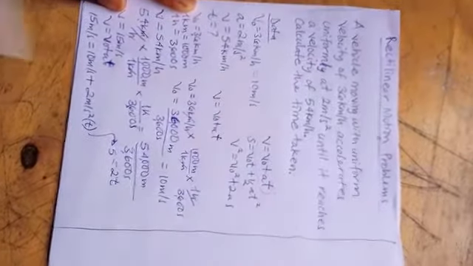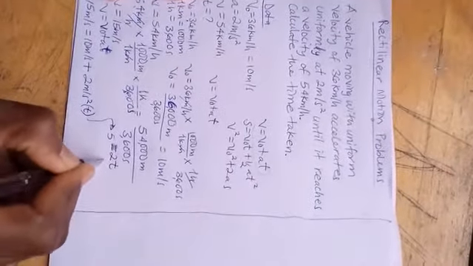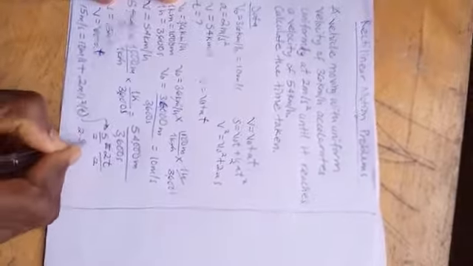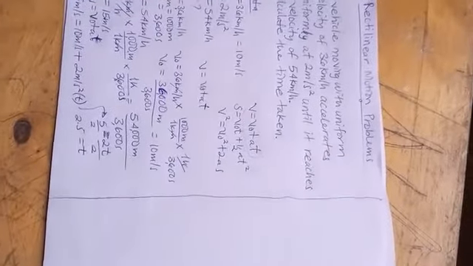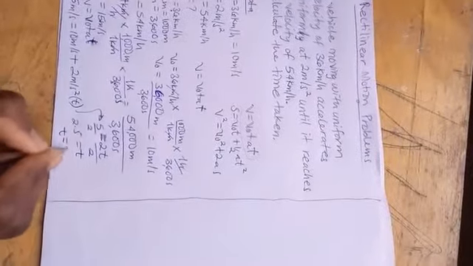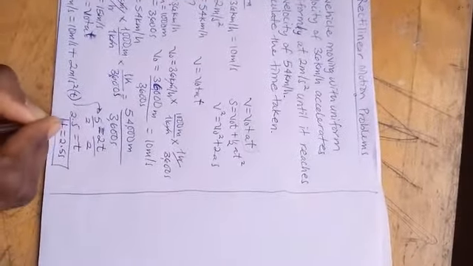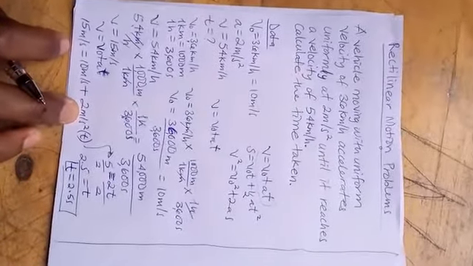To find t, divide both sides of the equation by 2. 5 divided by 2 gives us 2.5 equal to t, and the unit of time is seconds. Therefore t is equal to 2.5 seconds. So the time the vehicle takes to perform the motion is 2.5 seconds.